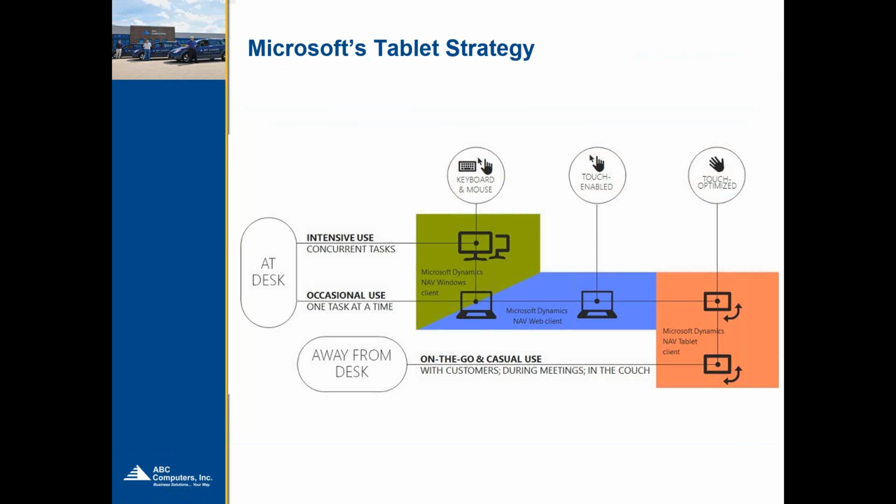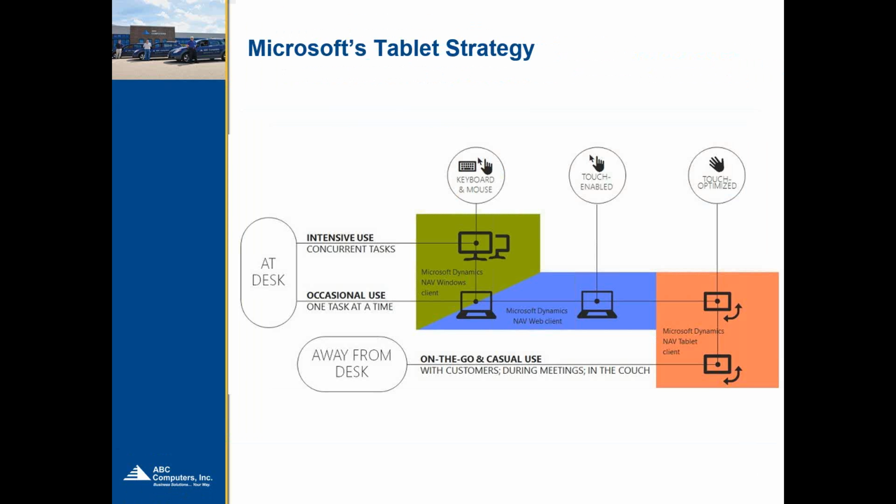They want to be able to do some work on those devices. They came in as really cool entertainment consumption devices, but because of their ubiquity, people want to be able to do work on them.